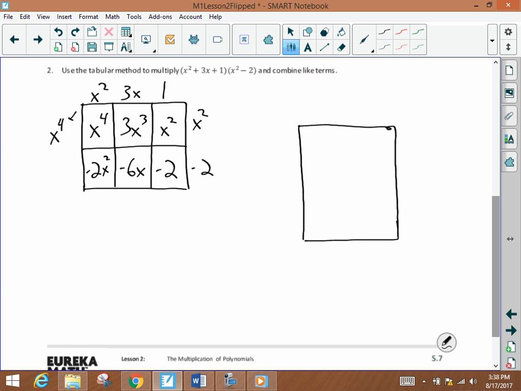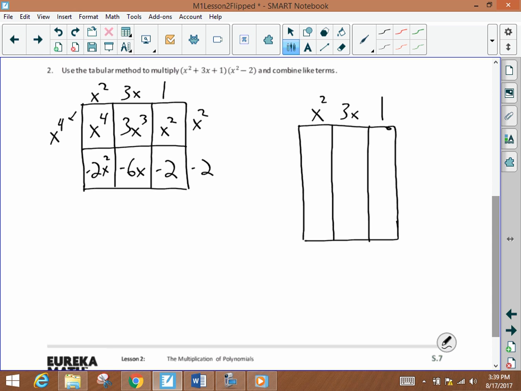It turns out that I have descending powers of x without any missing on the top, right? I have x squared, I have x to the 1st with that 3x, and I have x to the 0. But the problem is that on the right-hand side, on the one that I just did and was messed up, I have an x squared and then a negative 2.